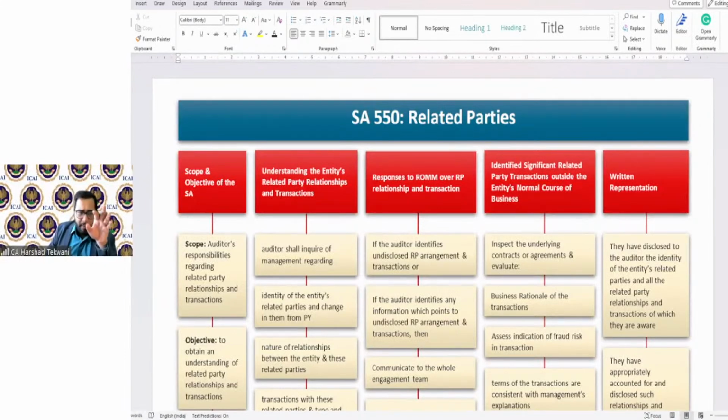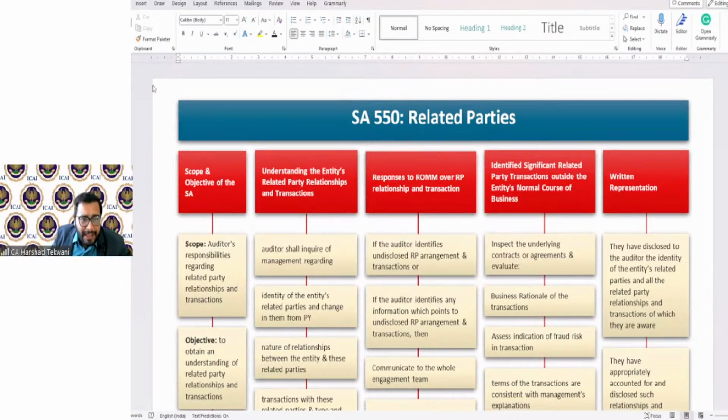The scope of this particular standard deals with the auditor's responsibility regarding related party relationships and transactions when performing an audit. It specifically extends the application of SA 315, 330, and 240 when we identify a risk of material misstatement associated with related party transactions.